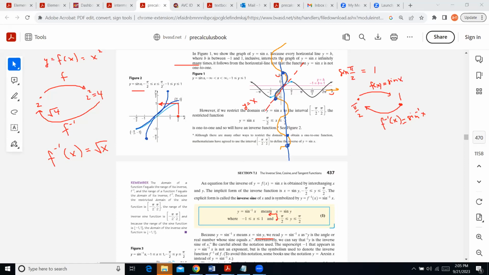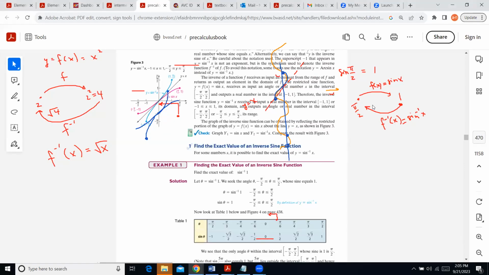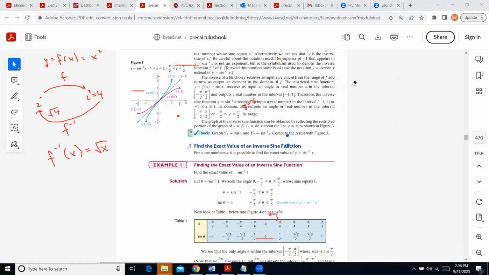And for that matter, you don't have any issues with the vertical line test. So you can see here down below on the next figure 3, a nice reflection of these functions, sine and the inverse sine.